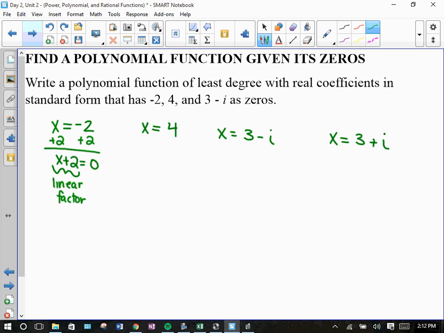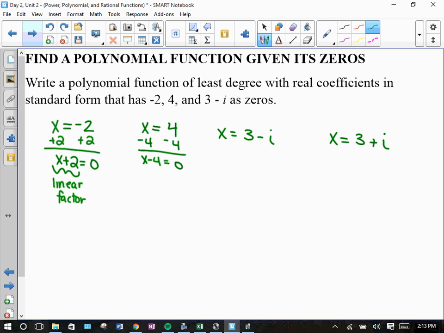For x equals 4, I want to get this set equal to 0, so I'm going to subtract 4 from both sides. You get x minus 4 equals 0. That is also a linear factor. You get that far?